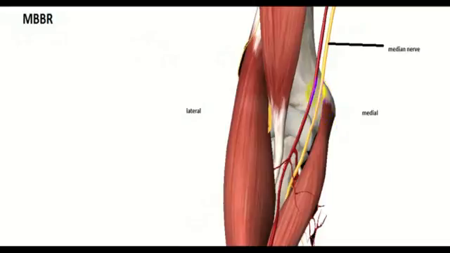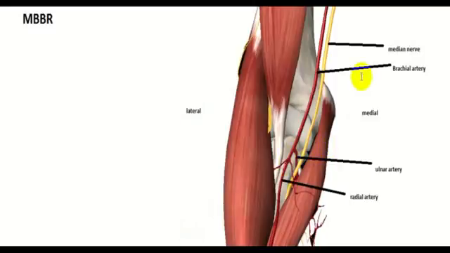Then after the median nerve, you get this artery, and this artery right here is the brachial artery, and this brachial artery terminates within this cubital fossa by dividing into two branches. The two branches of the brachial artery are known as the ulnar artery and the radial artery.